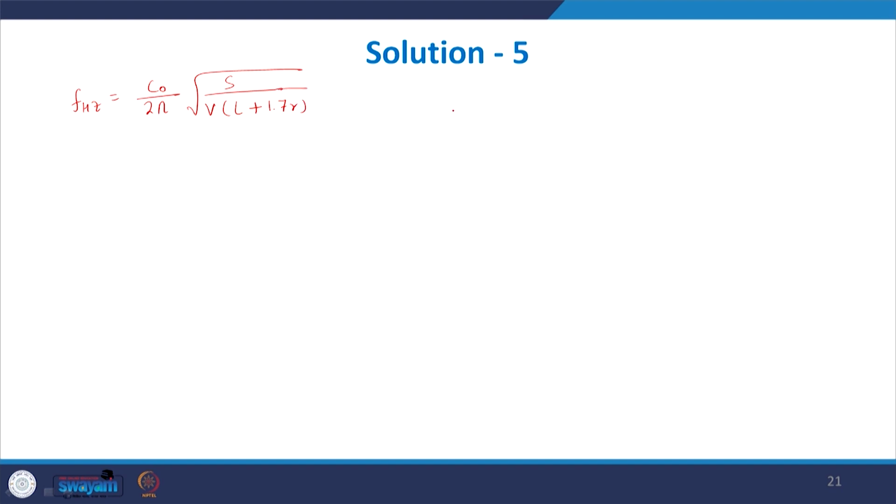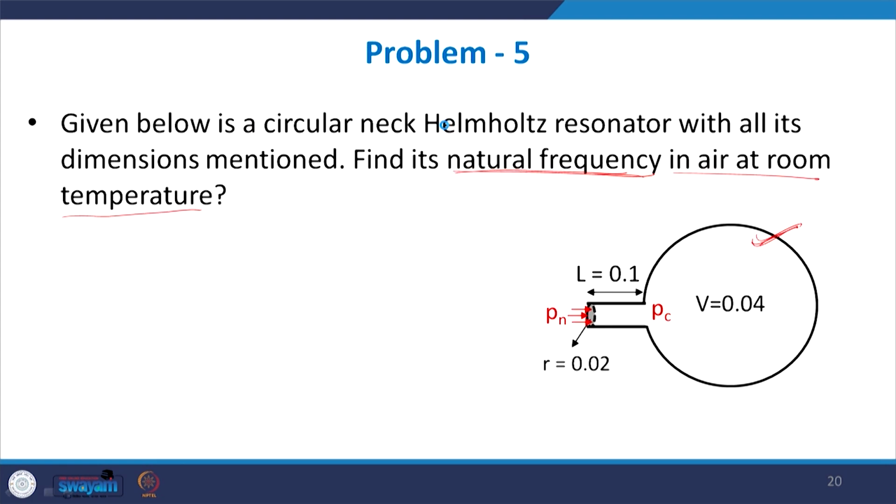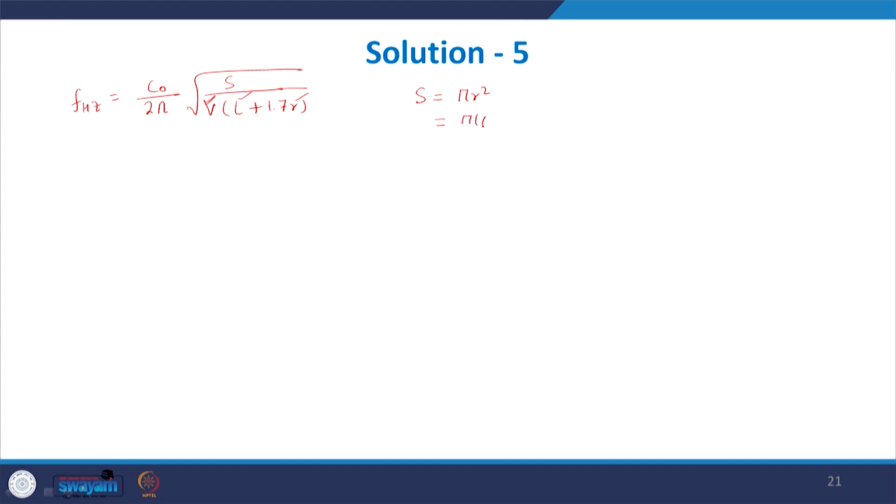Now R value is mentioned to us, and L is mentioned to us, and volume is mentioned to us. Surface area, because it is a circular cavity, will be pi r square. R is given to us as 0.02. So pi into 0.02 square comes out to be approximately 1.257 into 10 to the power minus 3 meters square. So S we have found.